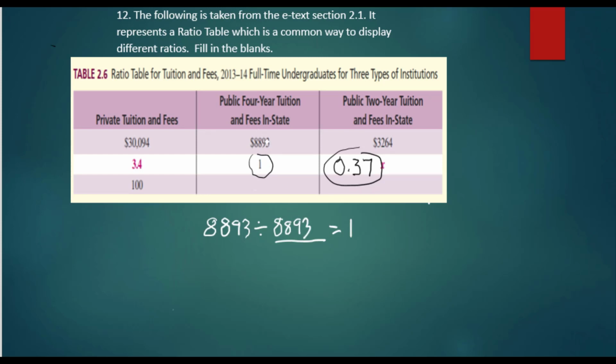Well, if I divide 30,094 by 8893, what do you think I'm going to get? Hopefully you said 3.4. Isn't that amazing?